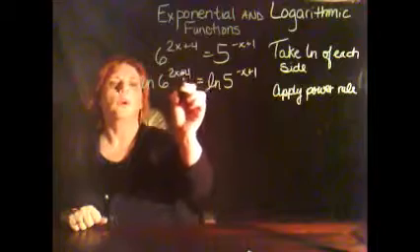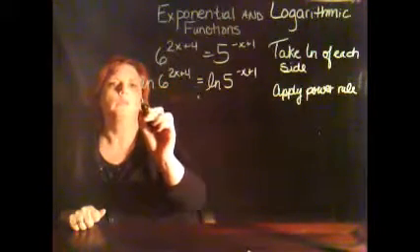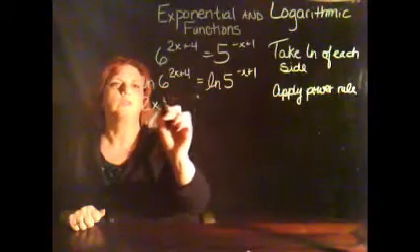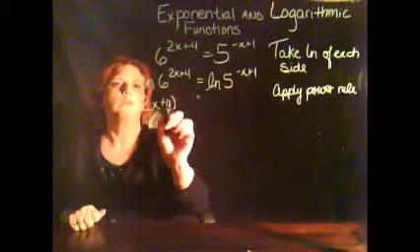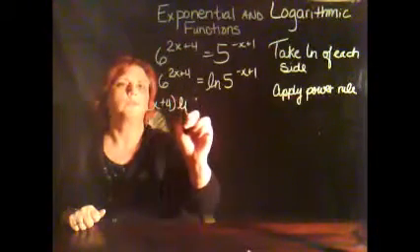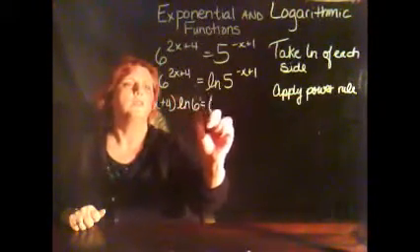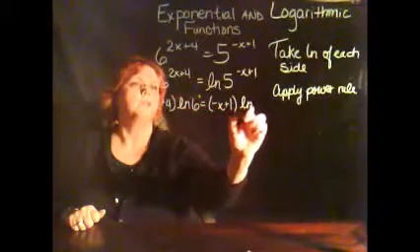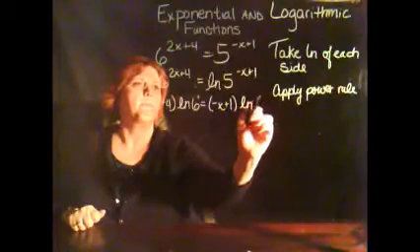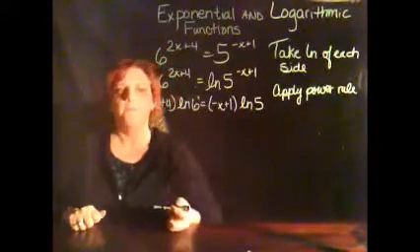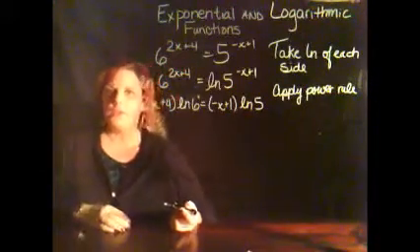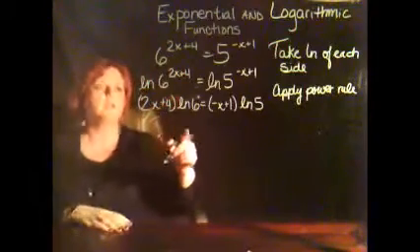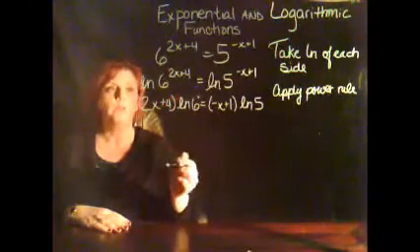So our powers are going to become coefficients. So I have 2x plus 4 times the natural log of 6 equals negative x plus 1 times the natural log of 5. Remember, when we're solving equations, we're trying to get the x's all on one side of the equation.